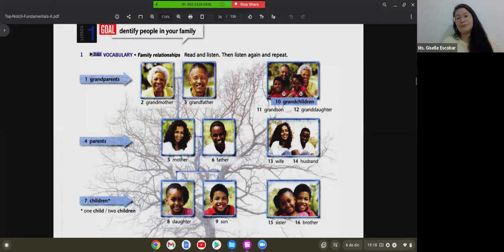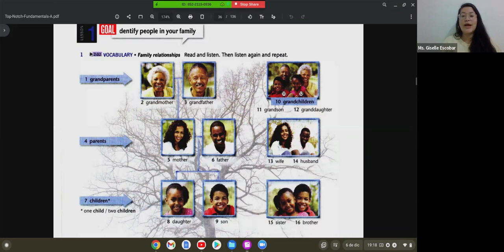Grandchildren. 11. grandson, 12. granddaughter, 13. Wife. 14. Husband. 15. Sister. 16. Brother. Now listen again and repeat.